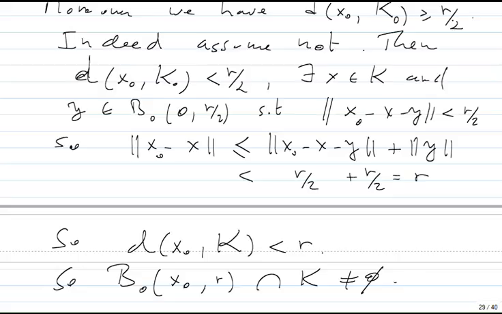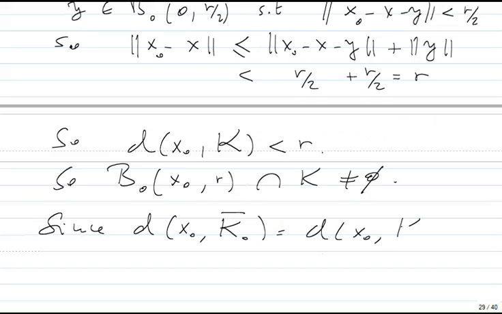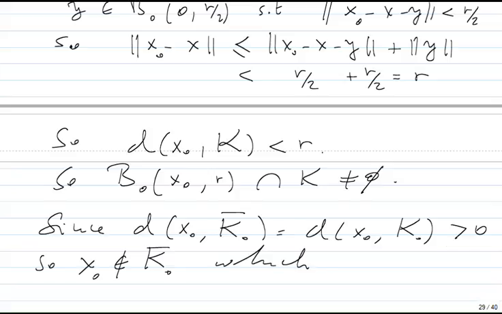So here, since the distance from x0 to K0 bar is the same as the distance from x0 to K0, greater than 0, x0 does not belong to K0 bar, which implies that P0 of x0 is greater than 1.